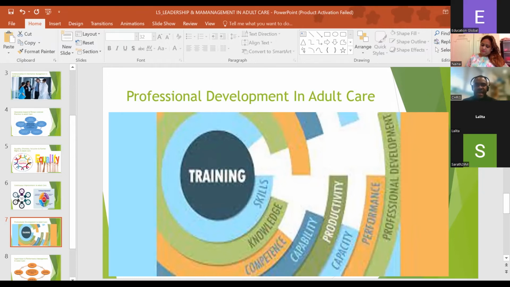development in adult care. Then we'll also explore professional development practices that promote professional development and the learning culture within a particular team that you manage as a health and social care manager. We will also explore the development needs of adult care workforce in relation to digital skills.